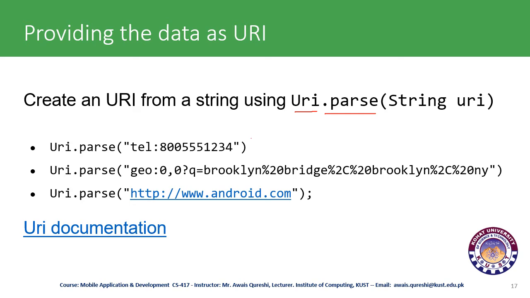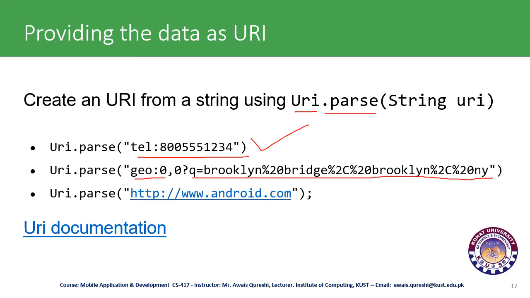So this is the first method. Uri.parse with a tel: key value pair, and the second method is geo, and this is the second key value pair, and this is a query string. Okay, this is a query string.